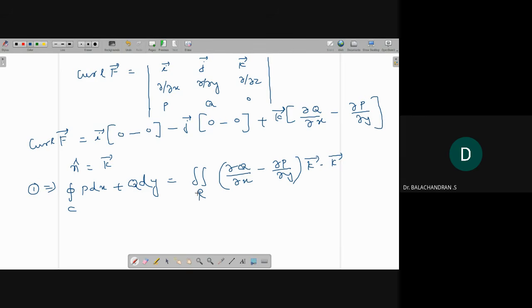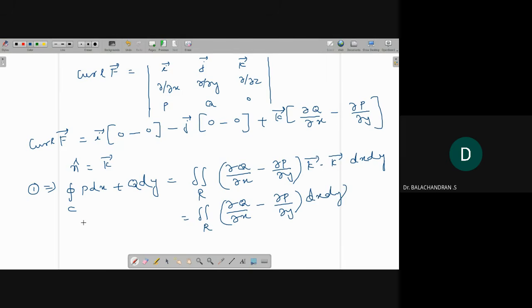Because you are in the xy plane, ds is dx into dy. So now this is equal to double integral over R dou q by dou x minus dou p by dou y. K vector dot k vector is 1, into dx into dy.